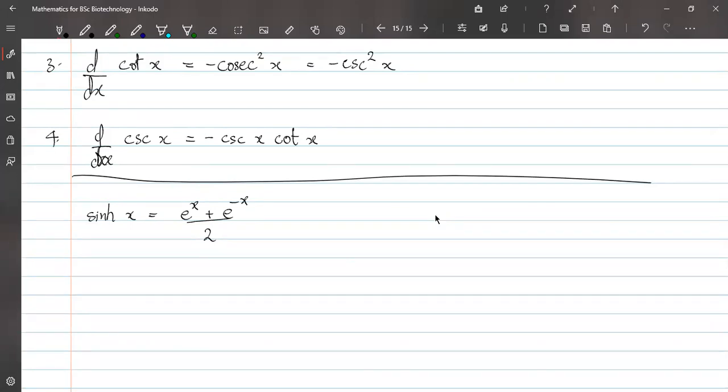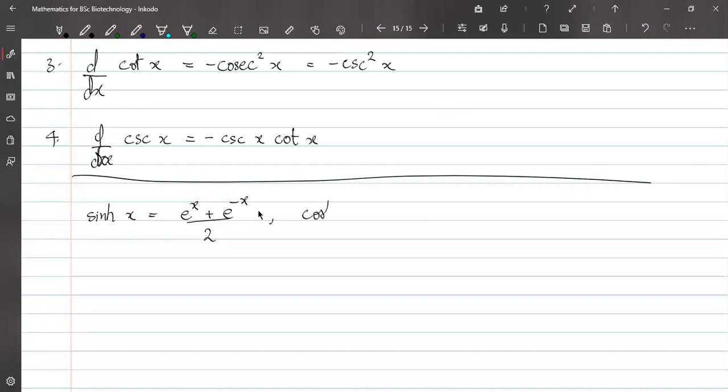Sine x is e to the ix minus e to the minus ix by 2i. So similarly, sinh x is defined as e to the x minus e to the minus x by 2, no i anywhere. This is called hyperbolic sine function, also pronounced as sinh of x. Sinh of x is a common pronunciation.